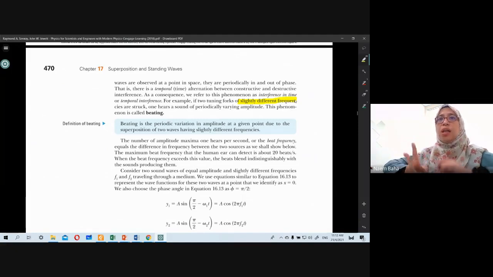Dua bunyi, frekuensi hampir sama, berbunyi serentak. Nanti you akan dengar beat. Beat in Malay, beat will sound louder than the ordinary frequency. Okay, hold on. Yeah.